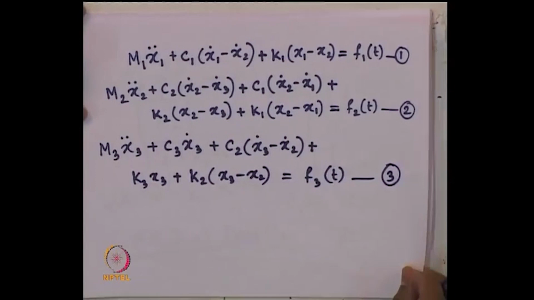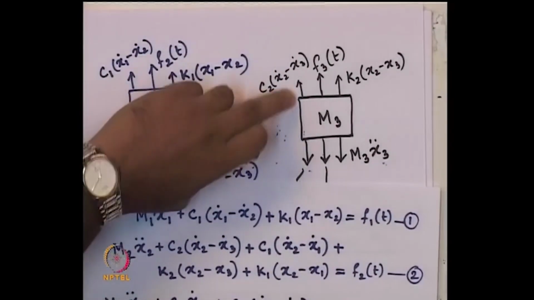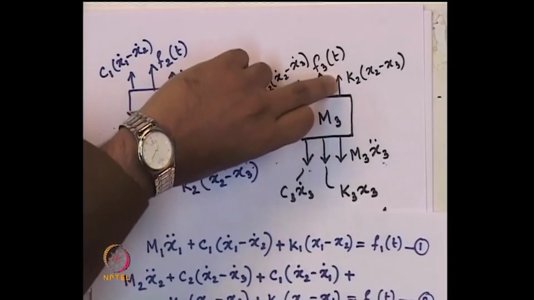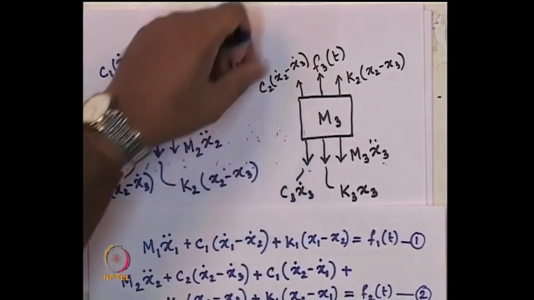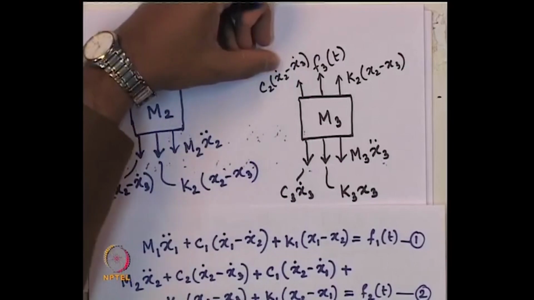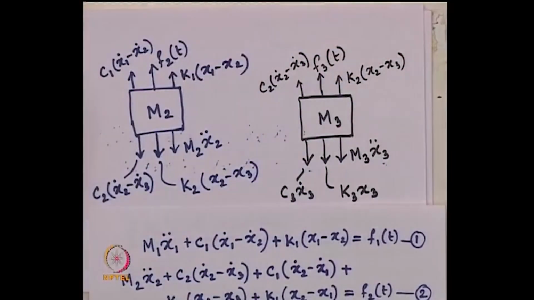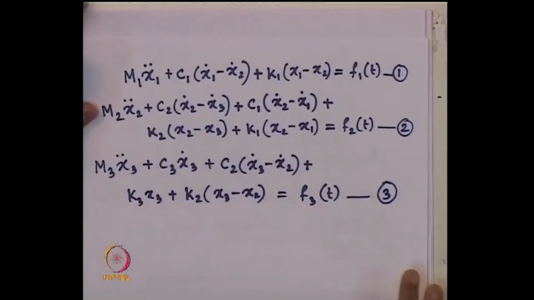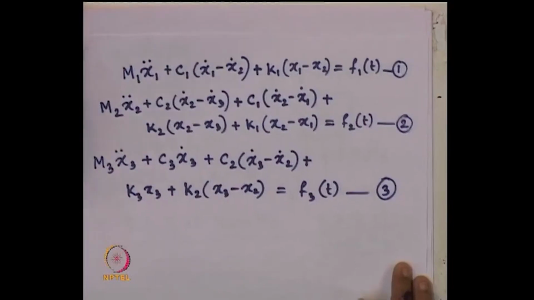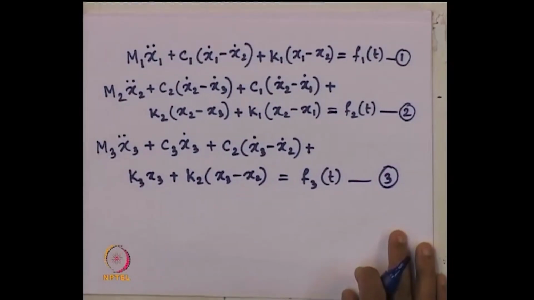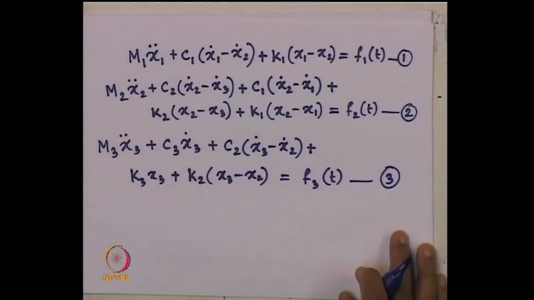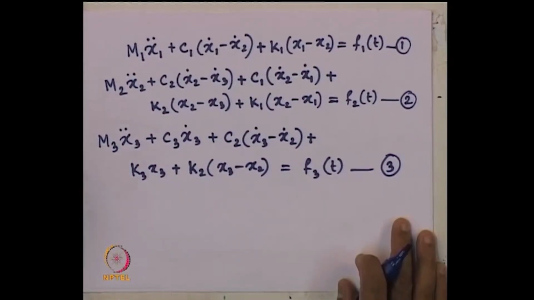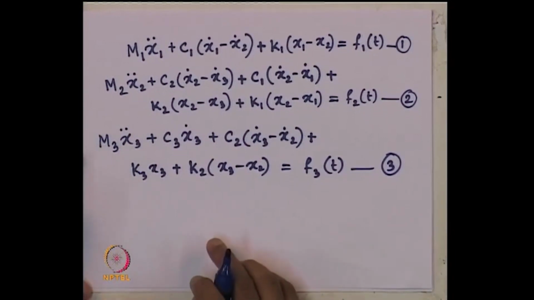That is the third equation. Here also, these two forces were acting upward, and we made them downward by just changing the sign: x3 dot minus x2 dot and x3 minus x2. So, that is why we have taken everything on this side, and these are the three governing equations we are getting using D'Alembert's principle for each of the three masses.